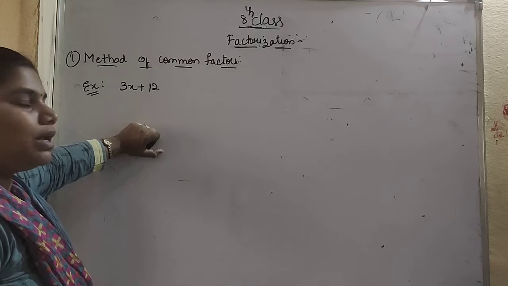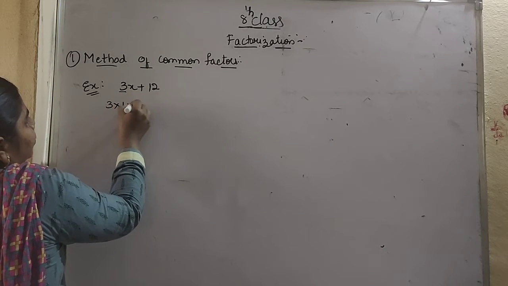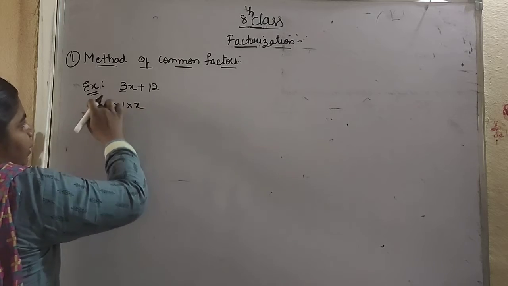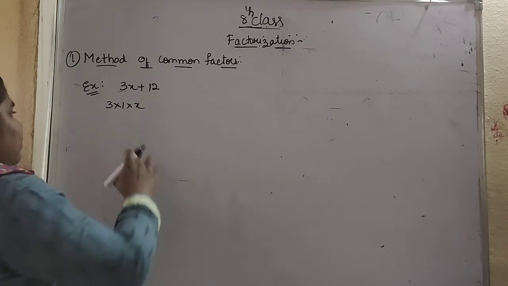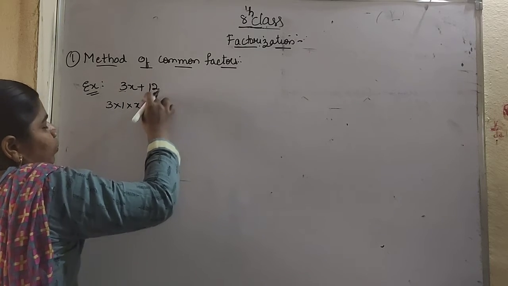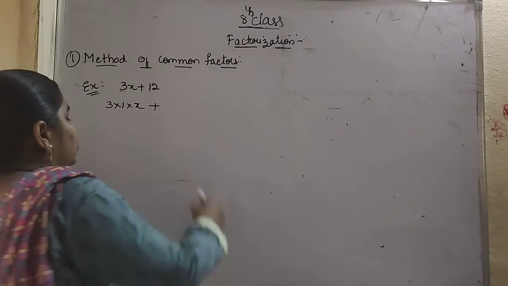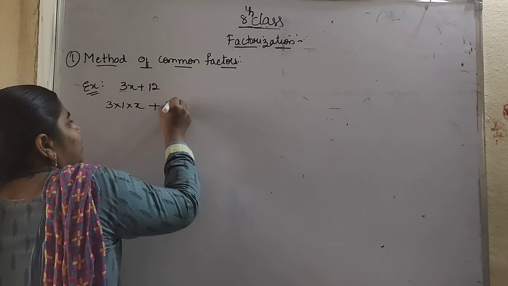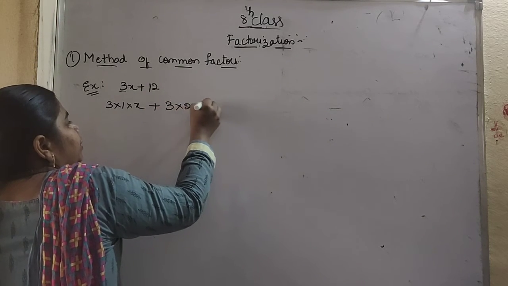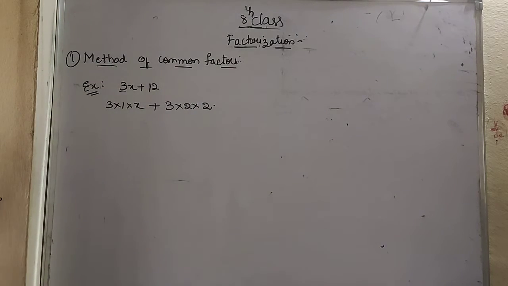Each and every term we have to factorize. This 3x can be written as 3 into 1 into x, plus 12 can be written as 3 into 2 into 2.